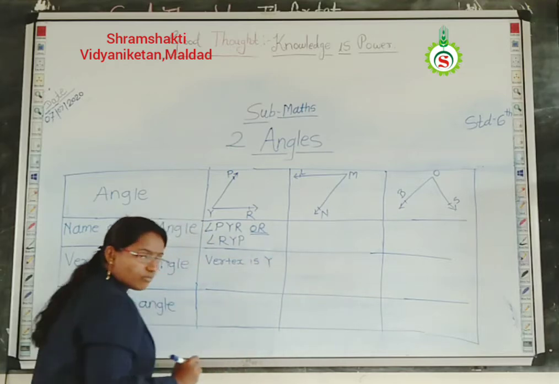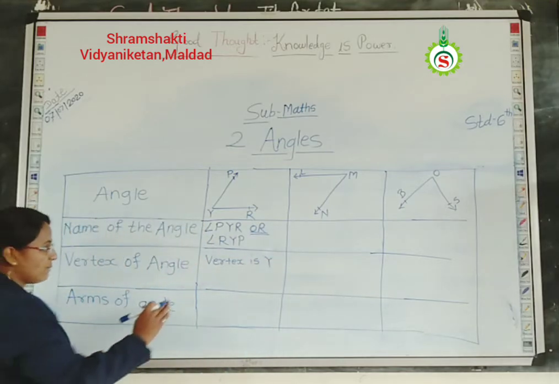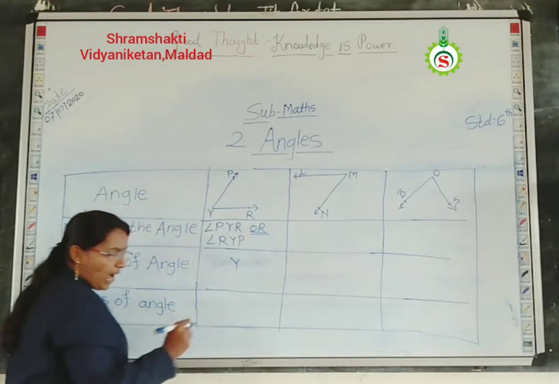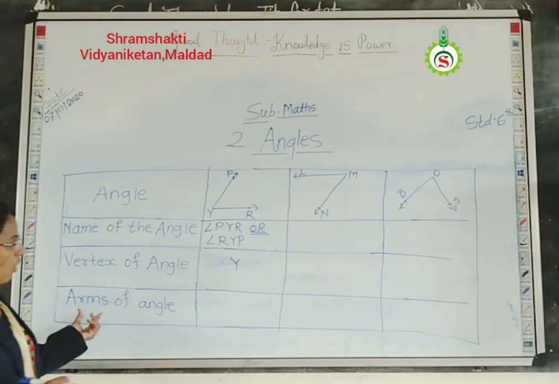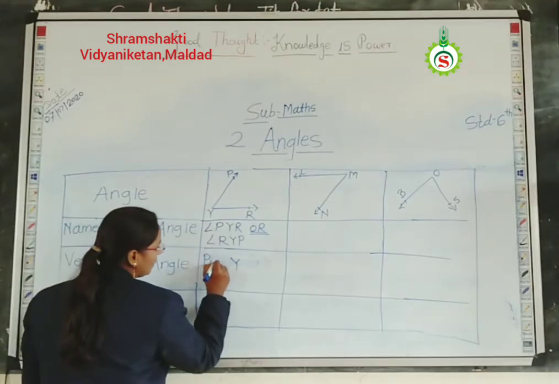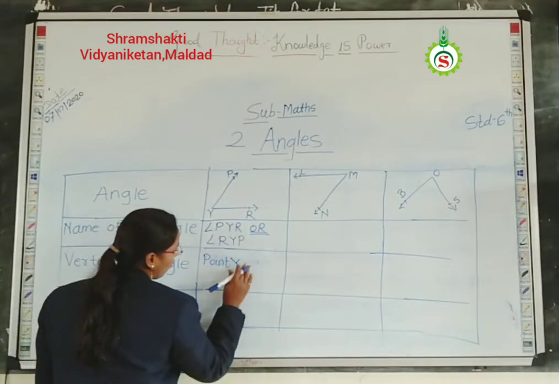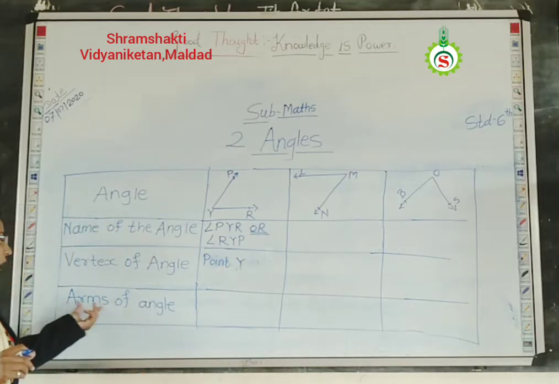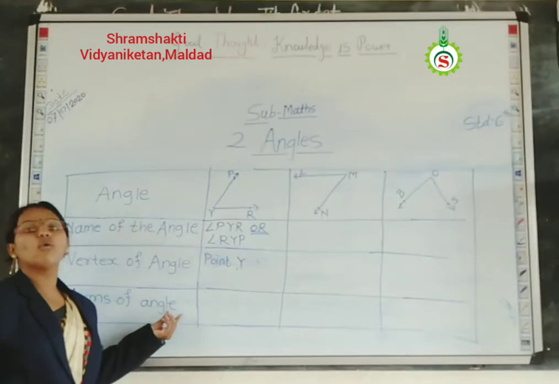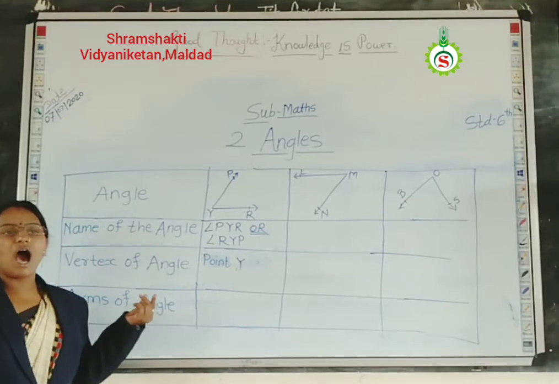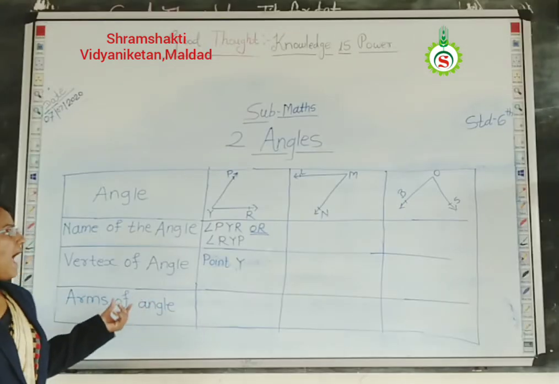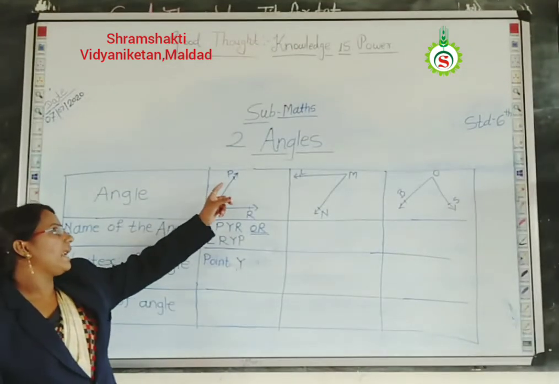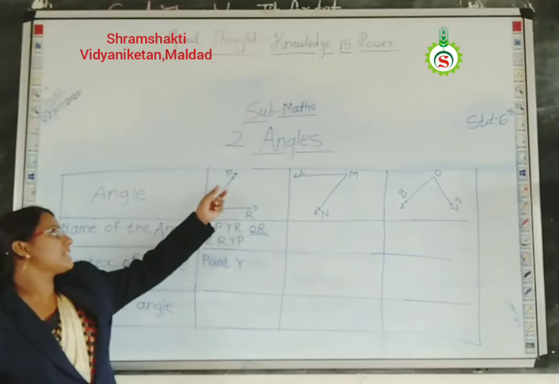Next, the vertex is Y, or simply we can write point Y. Next is the arms of the angle. What is meant by arms? Arms means sides. Angles have two sides. So how can we write the arms of the first angle?